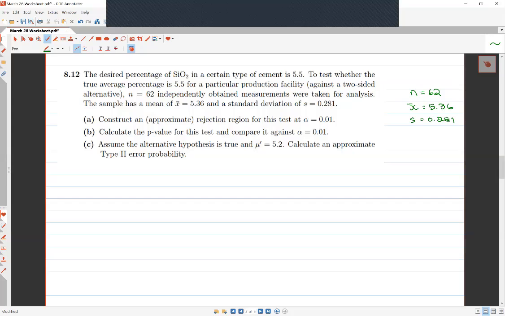Now here, we're not given any information about normality, right? Normality is not stated, but our sample size is at least 30. Which means we can do an approximate calculation still using the normal distribution.